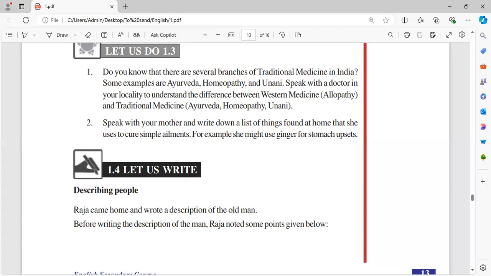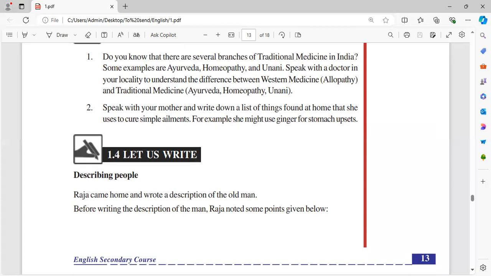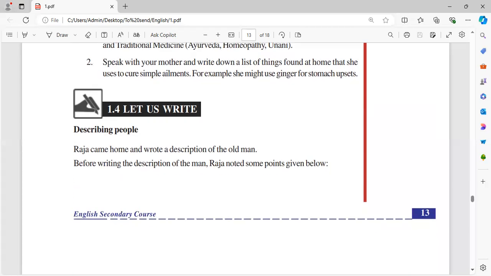Try to read several different sources and find out the answers, so that you get an appropriate idea. Use maybe two or three sources and find out the differences between Western medicine and our own traditional medicines.